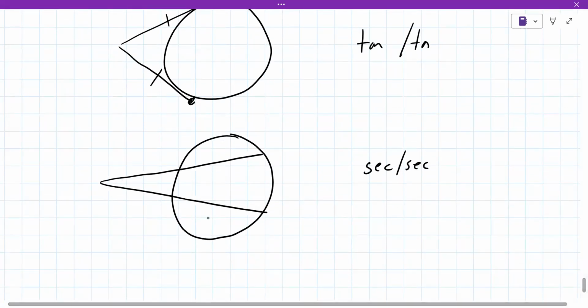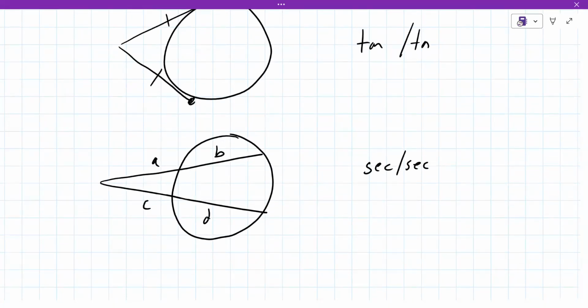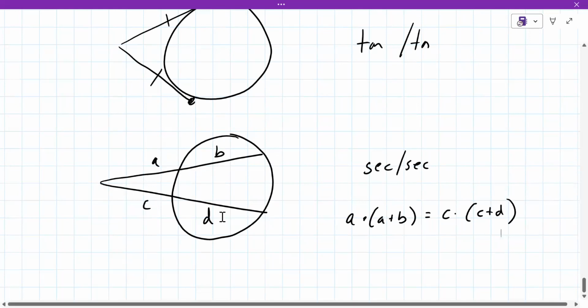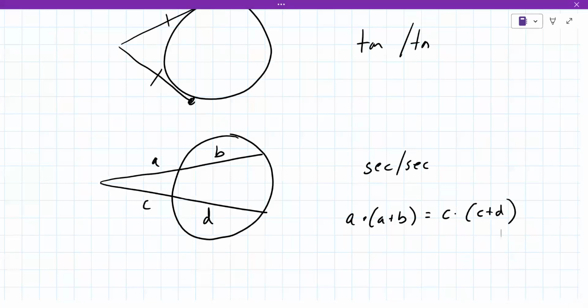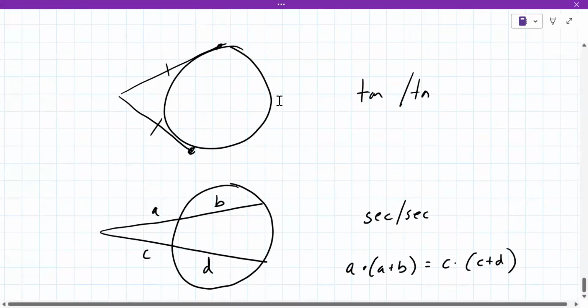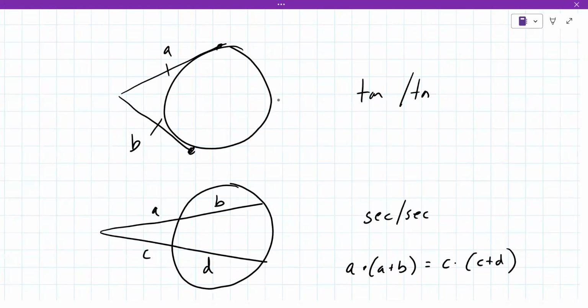So I've got to label these A and B, C and D, and it's A times A plus B equals C times C plus D. These are the lengths of these. And then the top one is just tangent, it's just that A equals B. But you might see a problem where that comes up, but not clear.